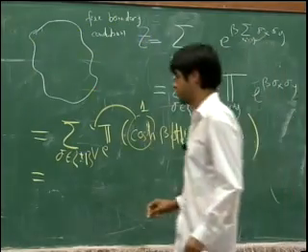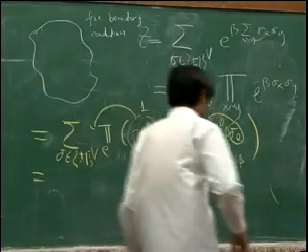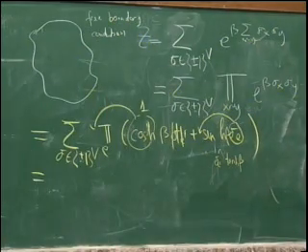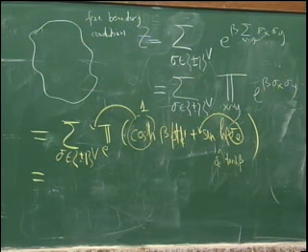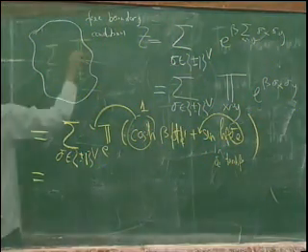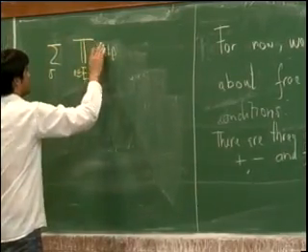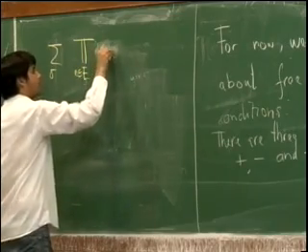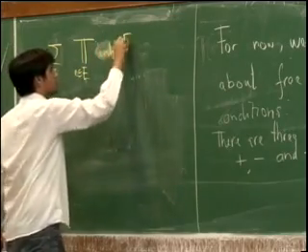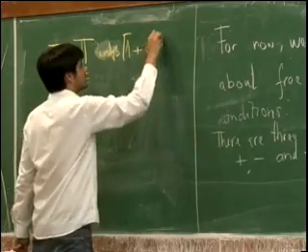So let me rewrite what we have on the next blackboard. The sum over sigmas of the product over the edges of hyperbolic cosine of beta times 1 plus sigma of E times hyperbolic tangent of beta.